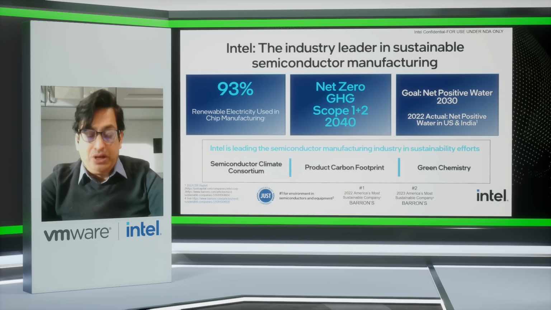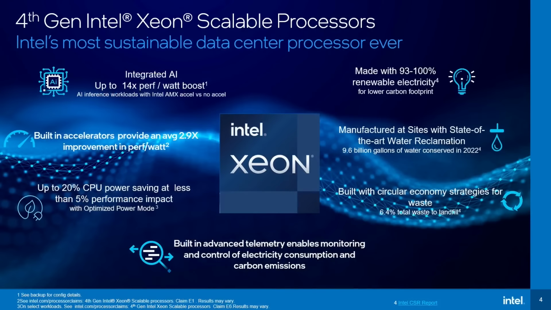And today, in 2022, we are already net positive water, both in India and the US. We want to do that globally by 2030. So in short, we want to be the leader in driving sustainability efforts across the semiconductor manufacturing industry and beyond. So with that, I'll get into the details of the processor features.